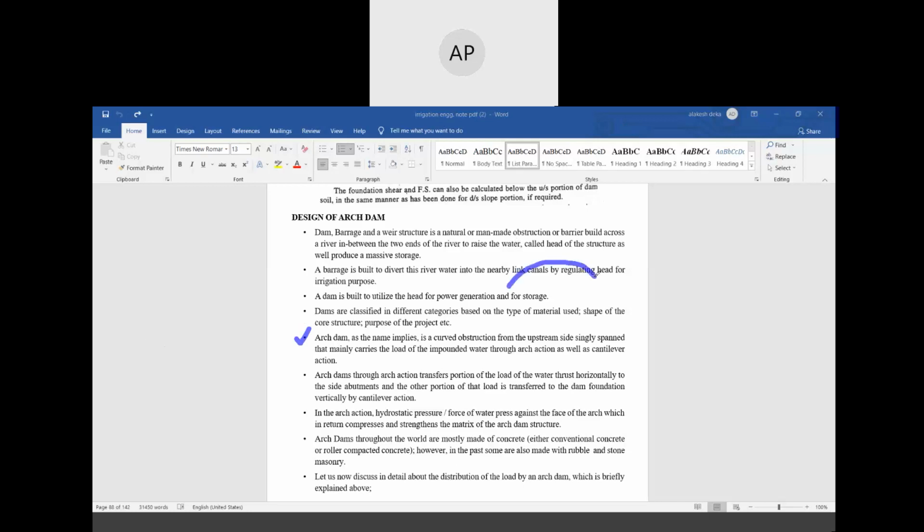Okay, the upper portion is curved. That's why it is called arch dam. It is a curved obstruction from the upstream side, single span, that mainly carries the load of the impounded water through arch action as well as cantilever action. Arch dams do arch action to transfer a portion of the load of the water horizontally. Okay, let me show the figure.